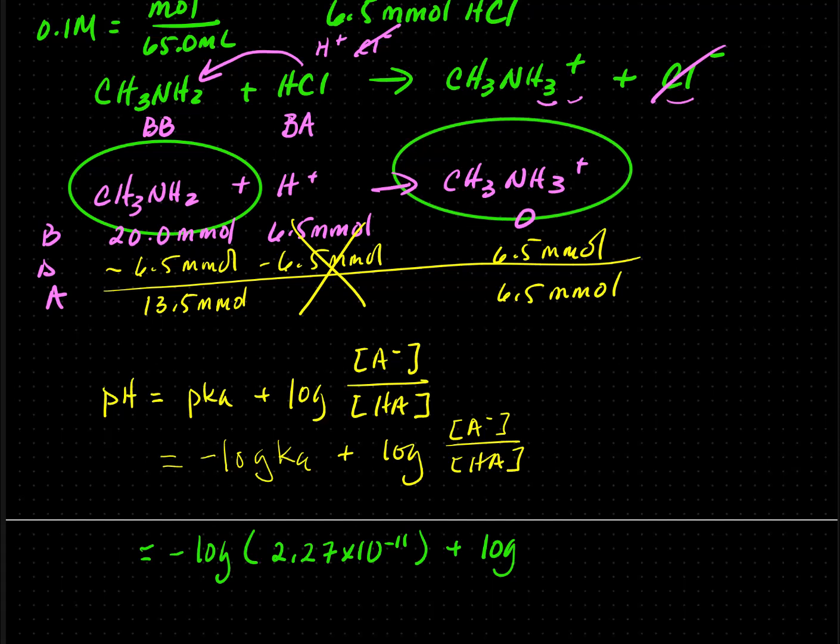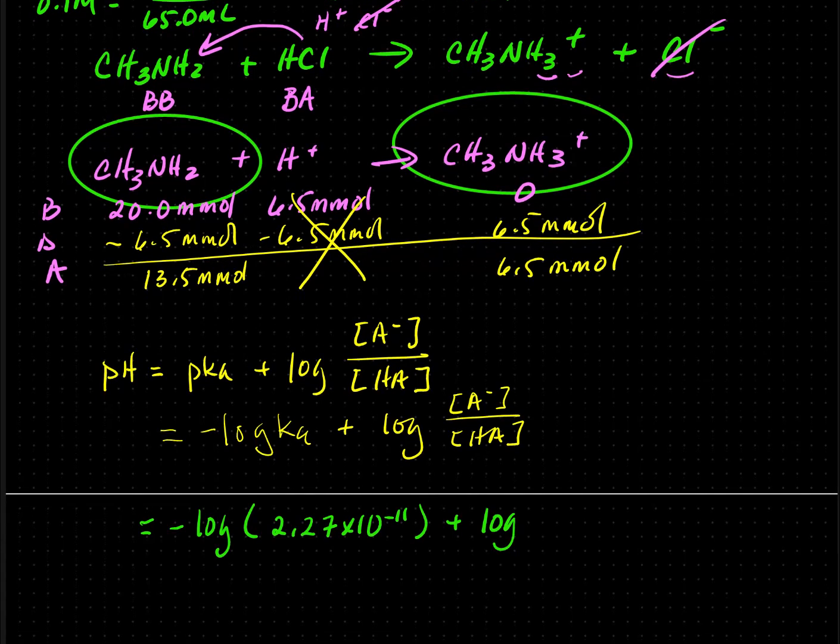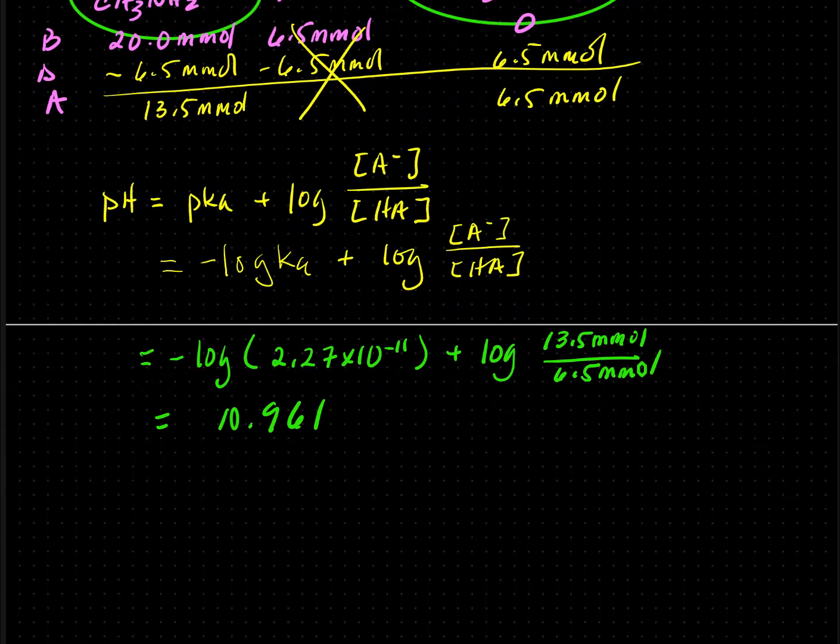It's going to be the opposite as if we were using the pOH equation. I plug this in. I could use the millimoles because the volumes cancel out, and I solve, and I should get around 10.961. Again, the volumes cancel out. If you want to add the volume, it's still going to be the same.